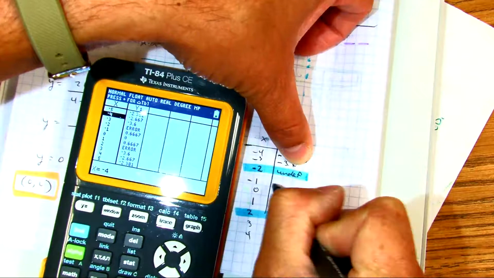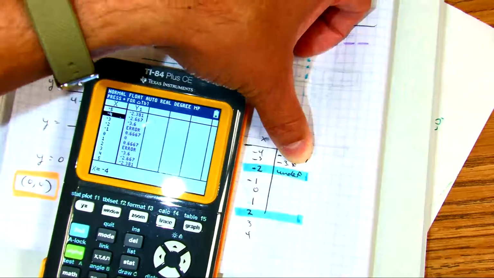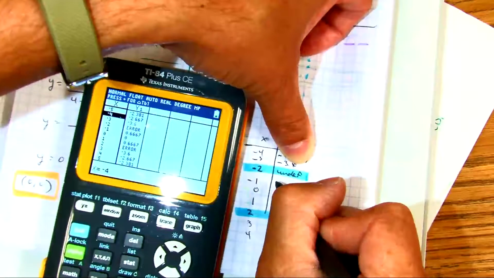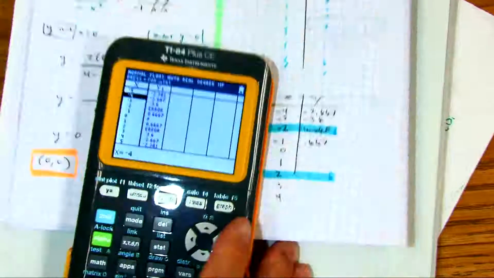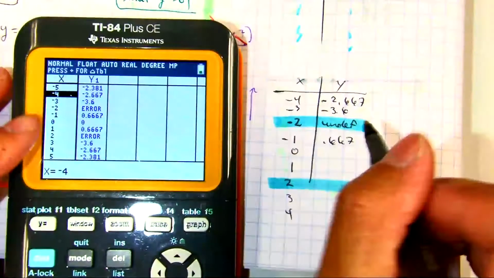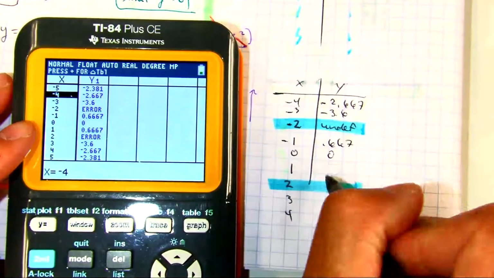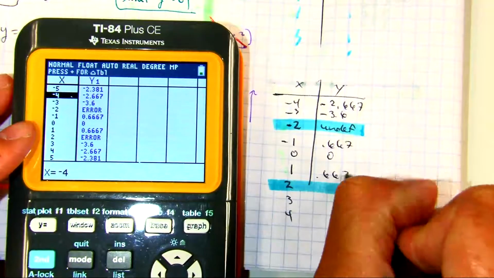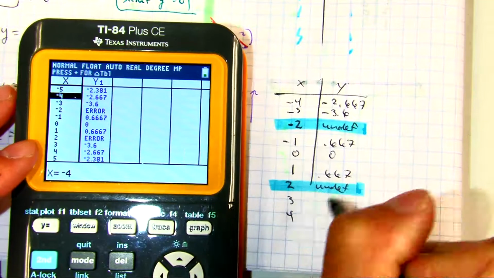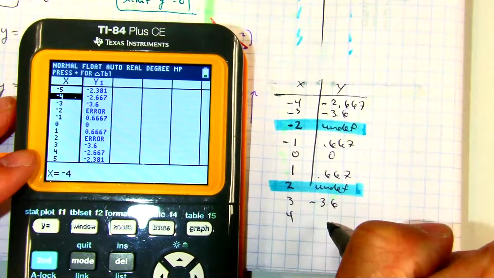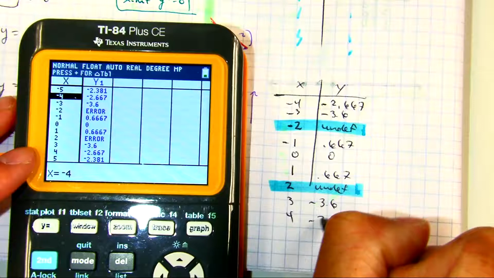I know the calculator says error, but we know it means undefined. -1, -1.667. I'm just copying there. I could make you do all of that by hand, but good thing we have the calculator. 2, undefined. 3, -3.6. And then 4, -2.667.